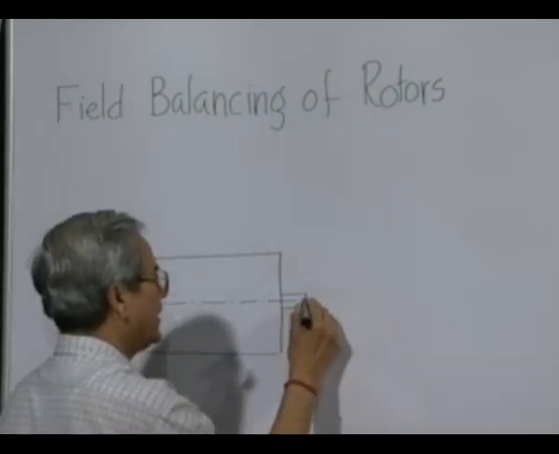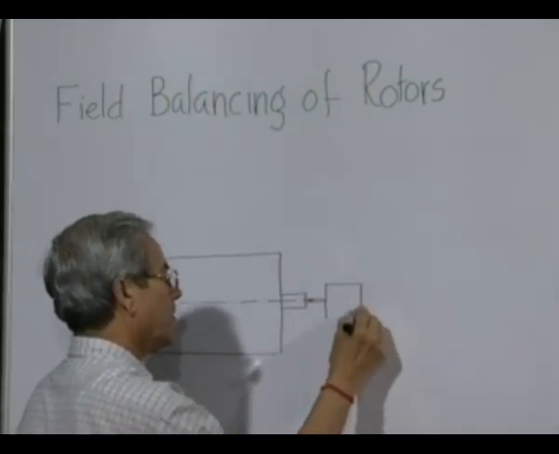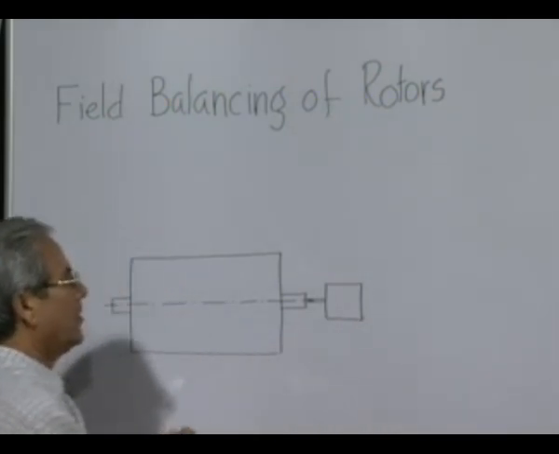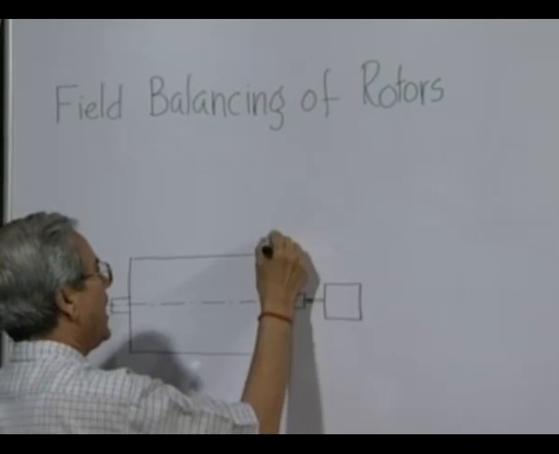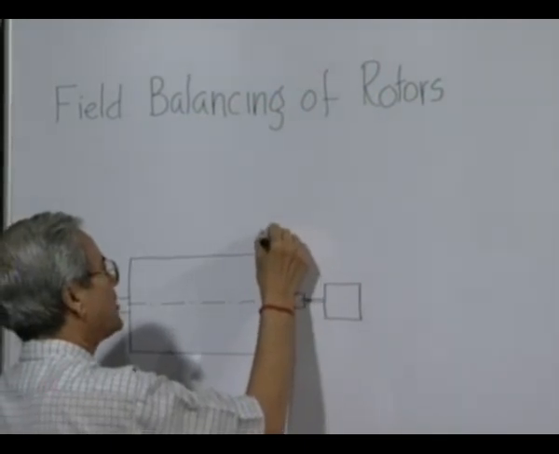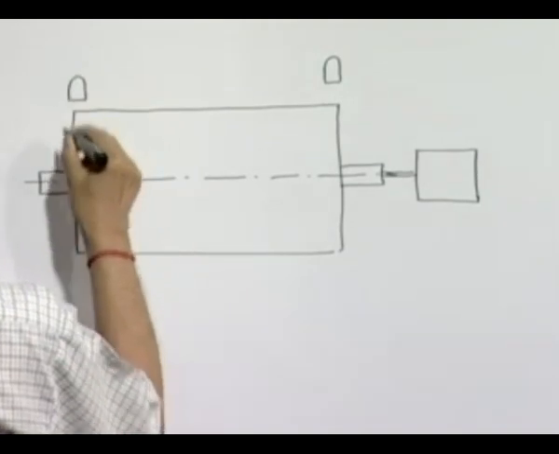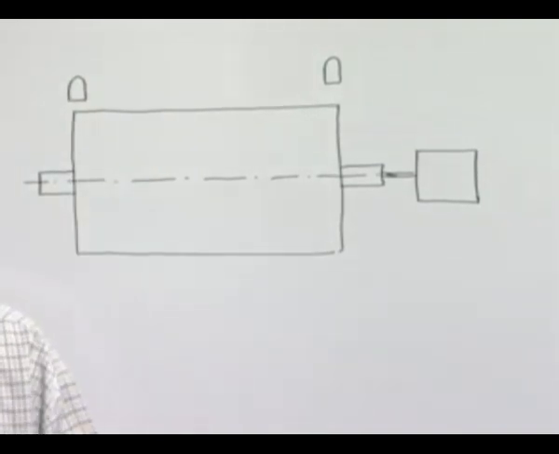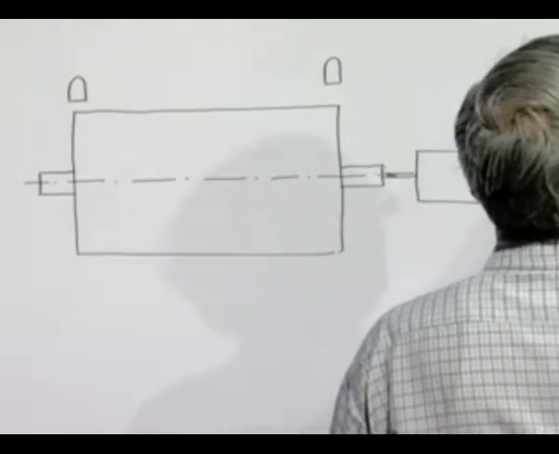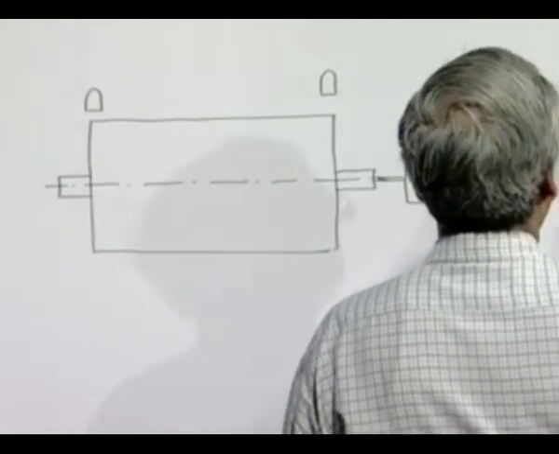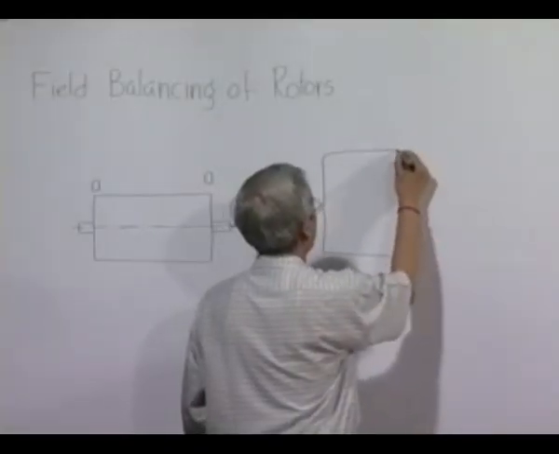We can connect it to a small device which we call sine wave generator, and we have pickups at the two ends, and of course, we have a dual beam oscilloscope.